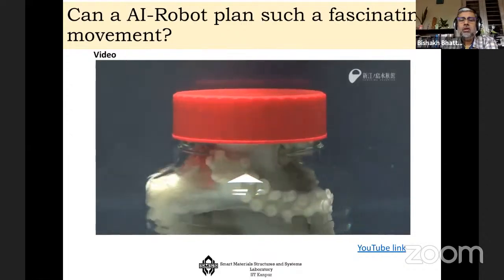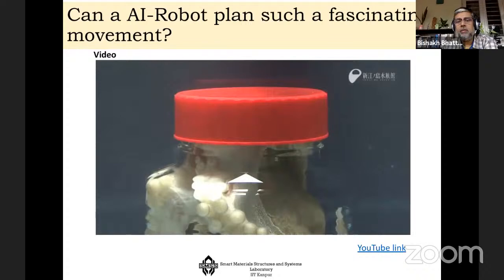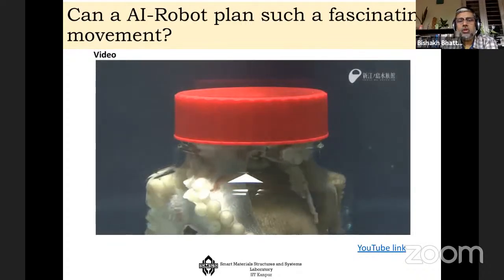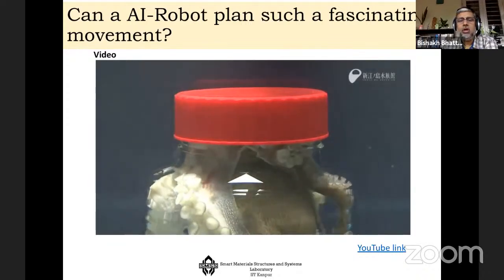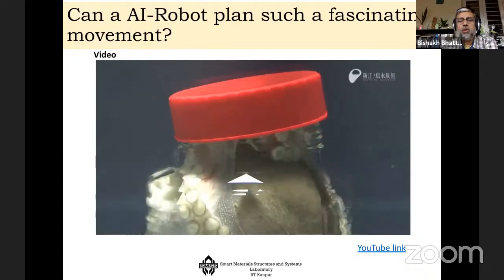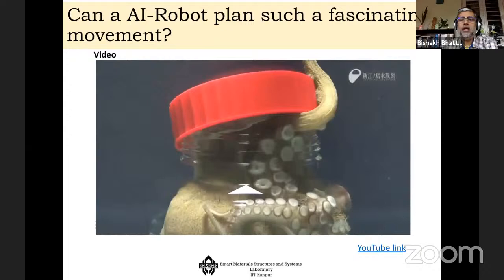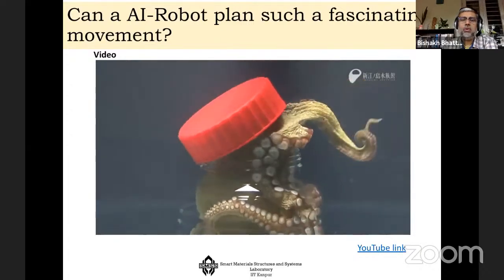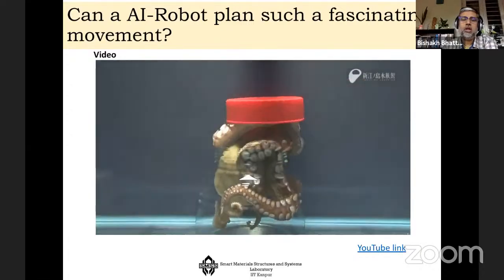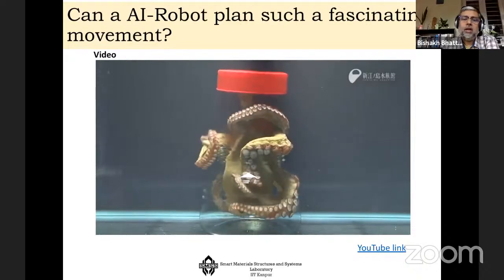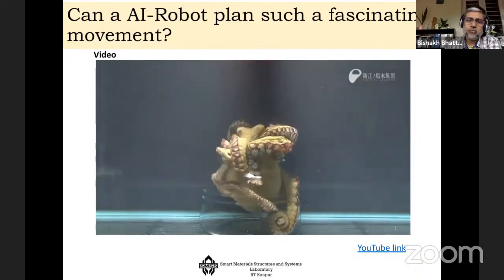Through a bit of trial and error, it has understood that. And also, you need to give a bit of a normal force, and that also it has understood. And you see, it is able to escape from this situation in a very effortless manner.